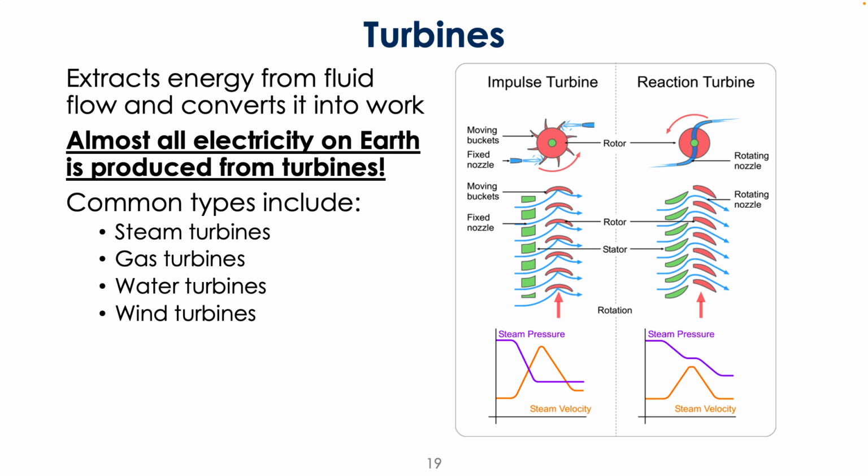Solar doesn't do this. Well, actually, even so there are forms of solar that do this. CSP, we'll talk about it a little bit later, but even solar can use turbines. Yeah, we won't get too much into the specifics about how the turbine captures it. There's a couple of different common turbine schematics that allow us to take fluid flow and convert into work.